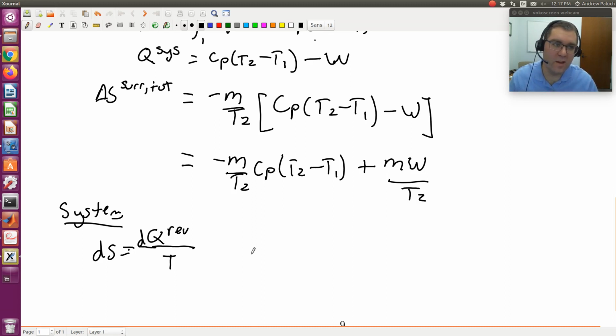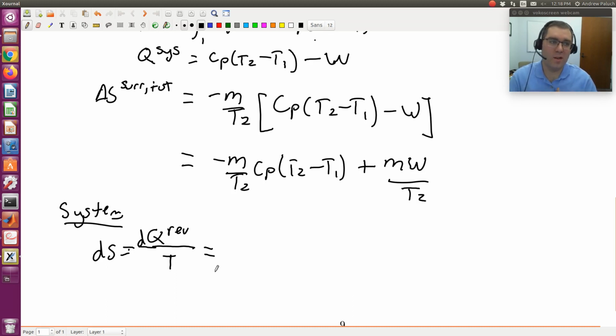Now, in terms of the heating or cooling of a brick, I would assume that the heating or cooling takes place at, you can equivalently use constant pressure or constant volume, right? If we assume that heating takes place at constant pressure, then dQ reversible is Cp dT.